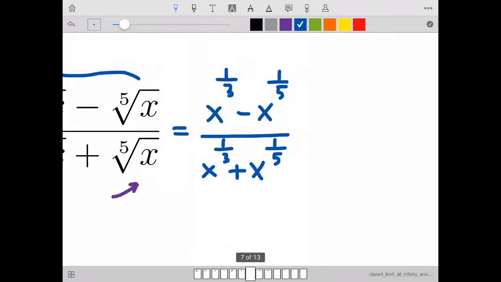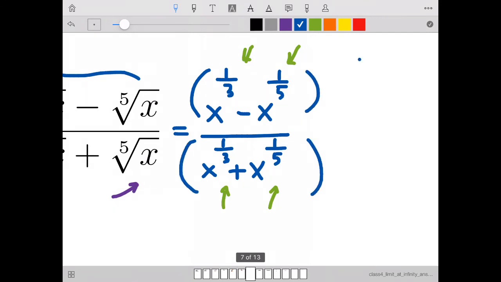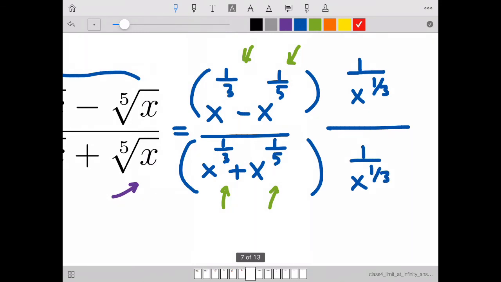Now, out of 1/3 and 1/5, which is highest power? Yes, 1/3 is higher than 1/5, right? So we multiply top and bottom by 1 over x to the 1/3. Then this and that disappear, and then we will have to multiply this over here as well, right?